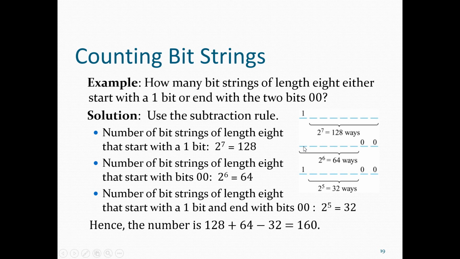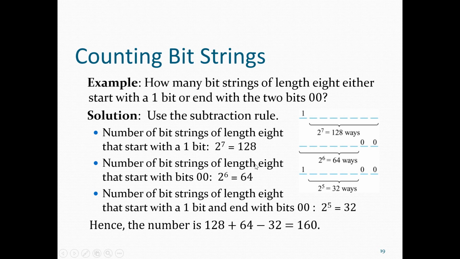So in order to minus this possibility, let's see how many bit strings start with 1 and end with 00. Now 3 places are fixed, so we have 5 places, and for every place we have 2 choices, so the total number of ways is 2 to the power 5, that is 32.